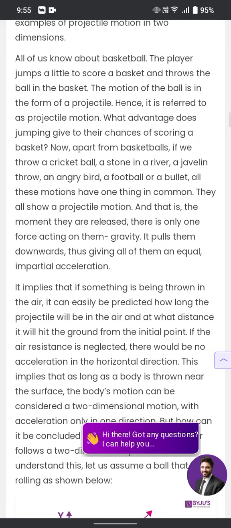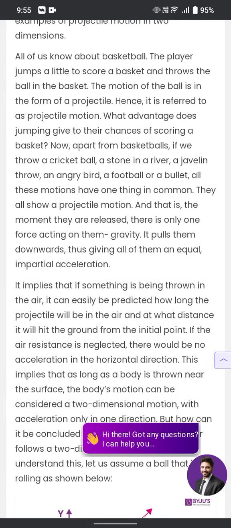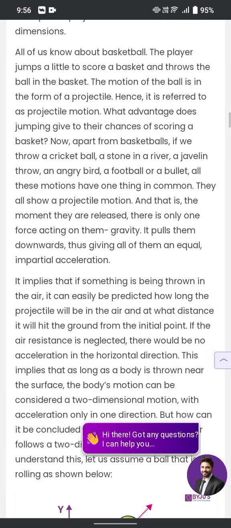They all show projectile motion from the moment they are released. There is only one force acting on them: gravity. It pulls them downwards, thus giving all of them an equal acceleration.